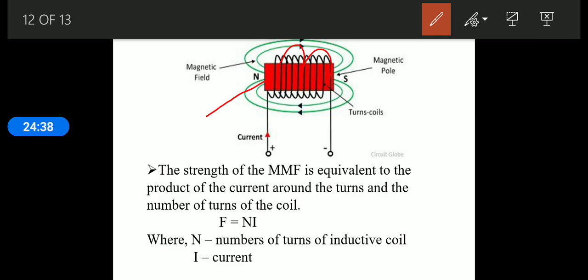That is the MMF. It is denoted by F, and F is given as F equals Ni, where N is the number of turns of the coil and I is the current flowing through the coil or conductor.